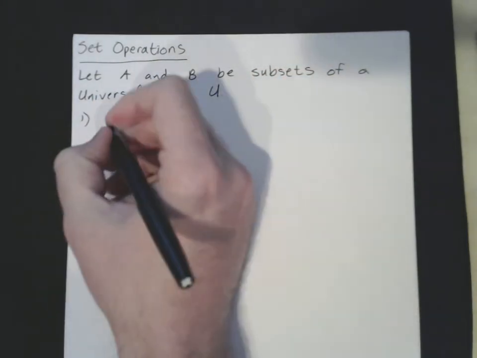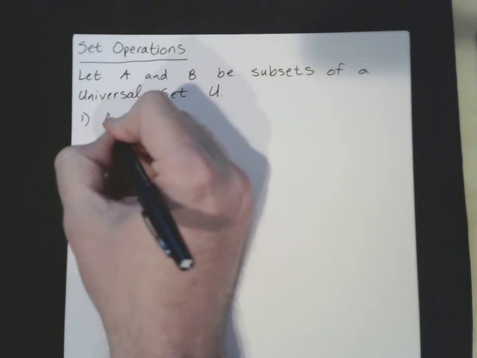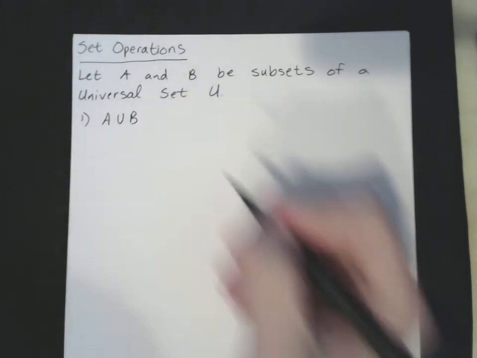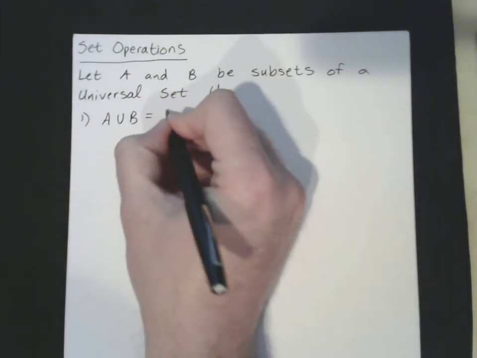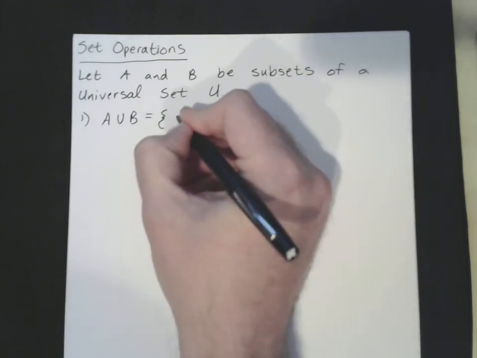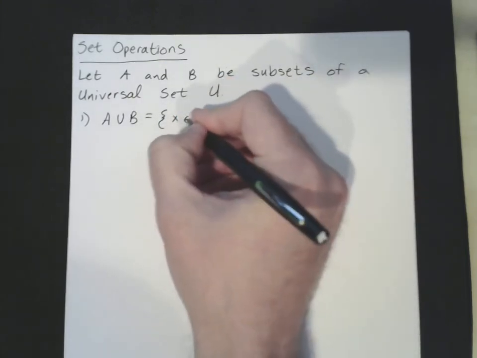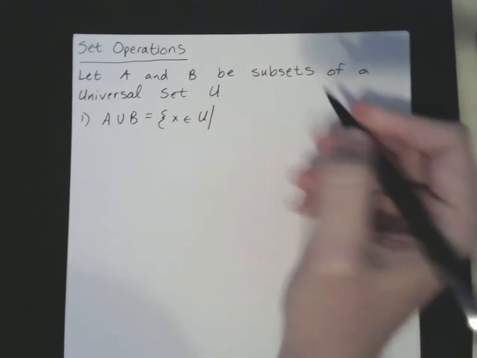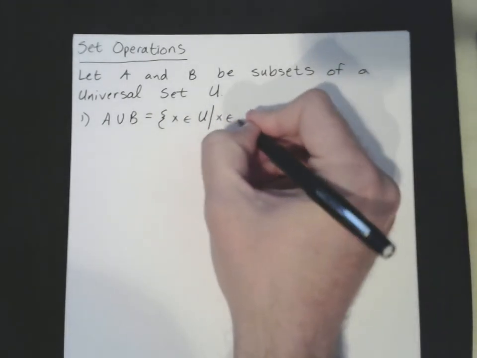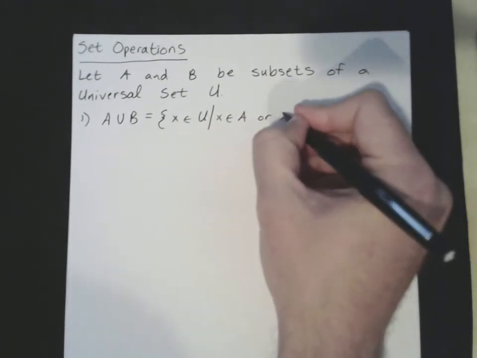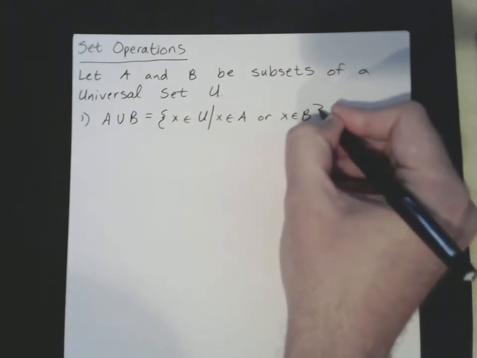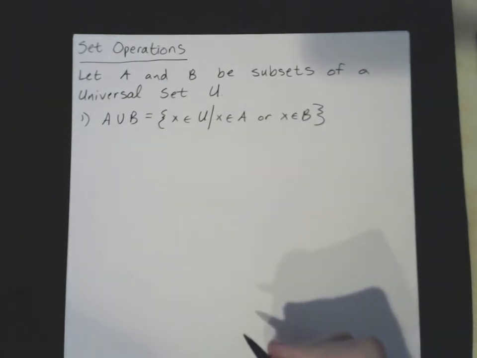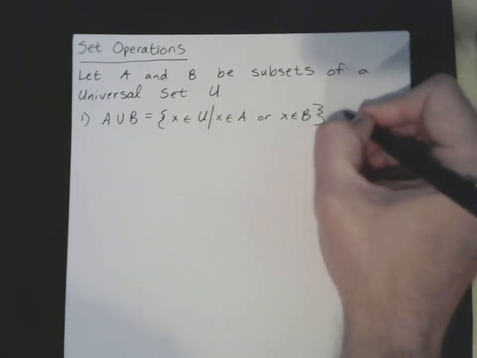Well, number one, we have the union of sets, A union B. This is the set of x that are elements of U such that x is in A or x is in B. This is our union.